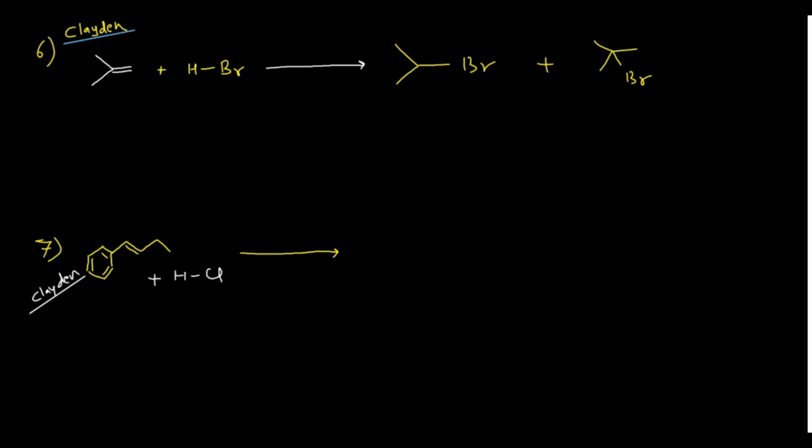Second thing, again you can see this, you are adding HCl to this system. Quite simple, a benzene ring is there, no problem in that, okay? In the first instance, I am adding Br here, okay, and H here, and in the second case I am adding Br here, H here.